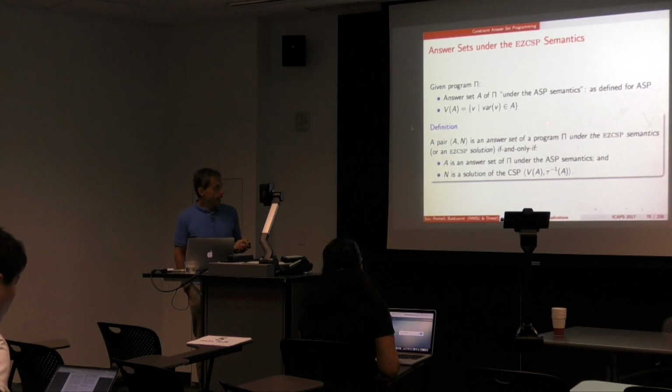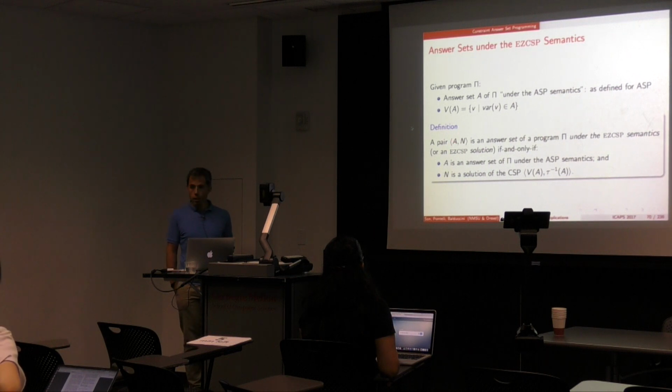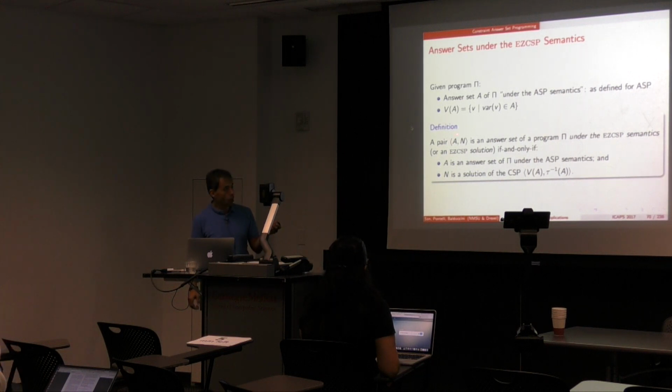Now, an answer set of pi under the easy CSP semantics, or an easy CSP solution, is a pair. The first element of the pair is the answer set of pi under the ASP semantics. So you look at the program, get an answer set. That's the first element of the easy CSP solution. The second element is obtained like this.